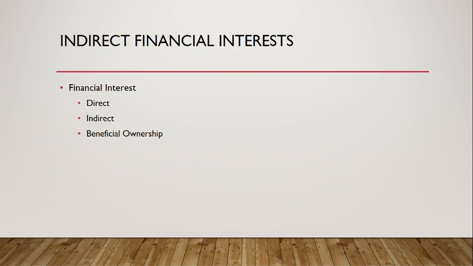So let's look at some of these definitions a little bit more strongly. Your financial interest would be any ownership or an obligation to obtain ownership in equity, debt, or derivatives that are issued by an entity.